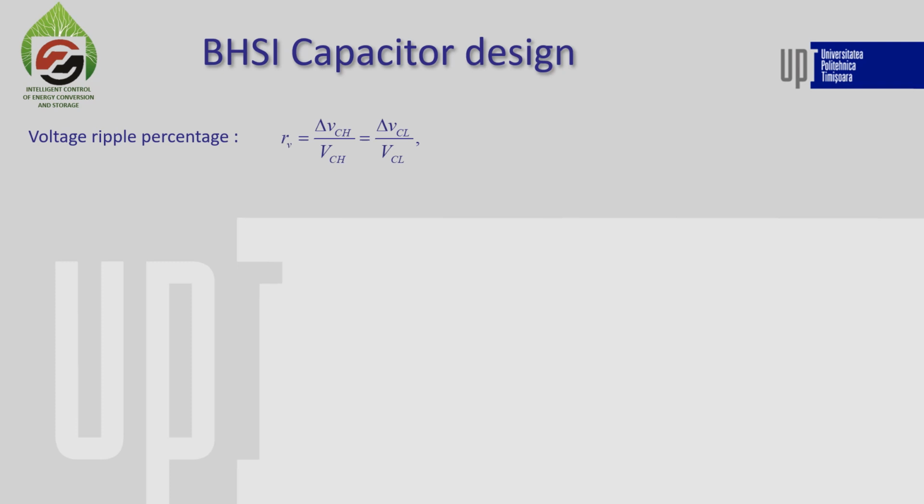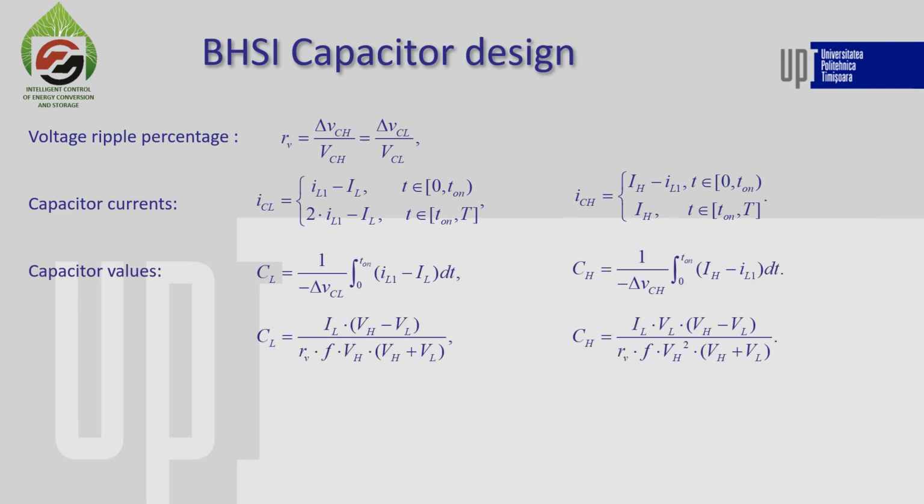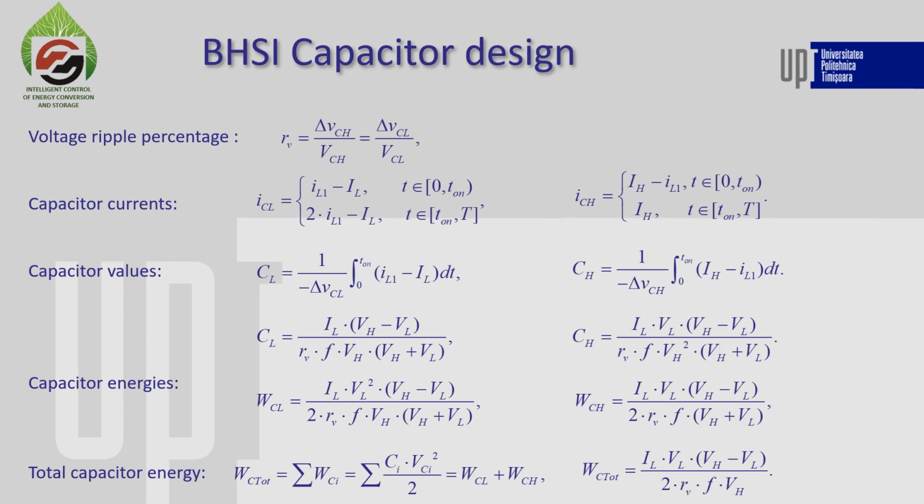The two capacitors have the same ripple voltage percentage, but we see here that the two capacitors have quite some large current ripple. We can calculate then the capacitor values using these currents, and finally the capacitor energy and the total capacitor energy.